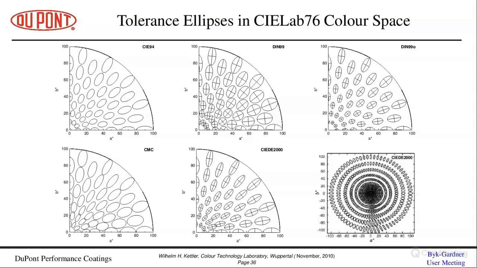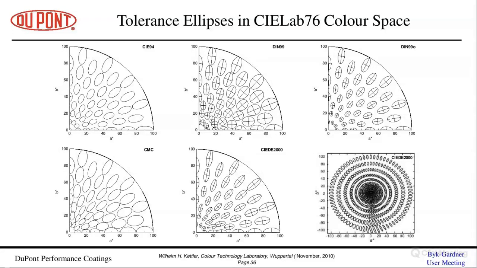So if we look at all these different color systems, the DIN99 and the DIN99o we're not talking about in this particular presentation because those are for metallic colors, and right now we're just talking about solid colors. But if you look at the CIE94, you see how those ellipses look.